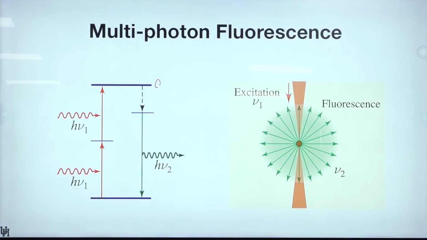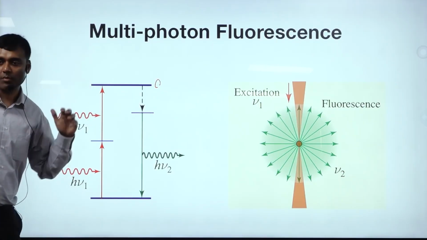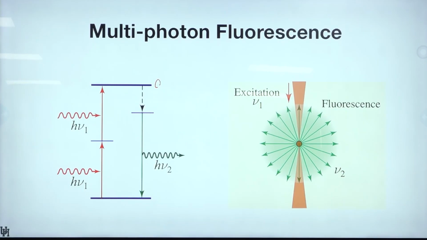There is an electronic state, so there's actually a fluorescence process, and light. This is called two photon, and it's called multi-photon because three photons could get absorbed, and then one could come out, and so that's three photons. That's a multi-photon kind of fluorescence process. That's another possibility. Questions?